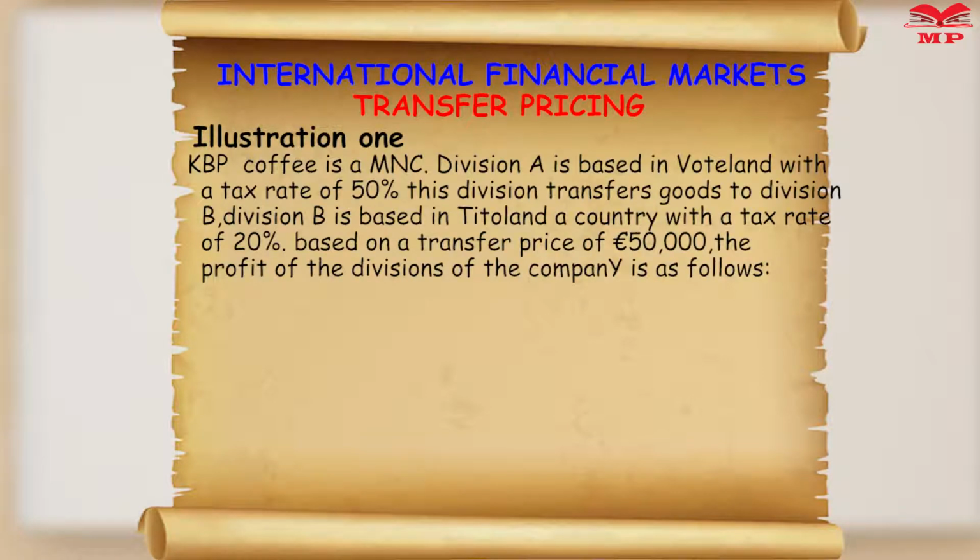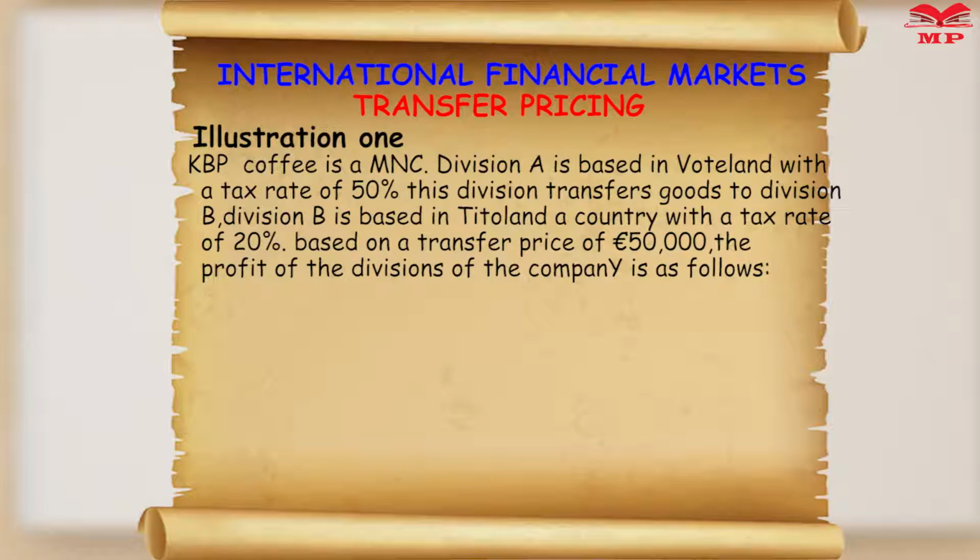KBP Coffee is a multinational corporation. Division A is based in Vogtland with a tax rate of 50%.